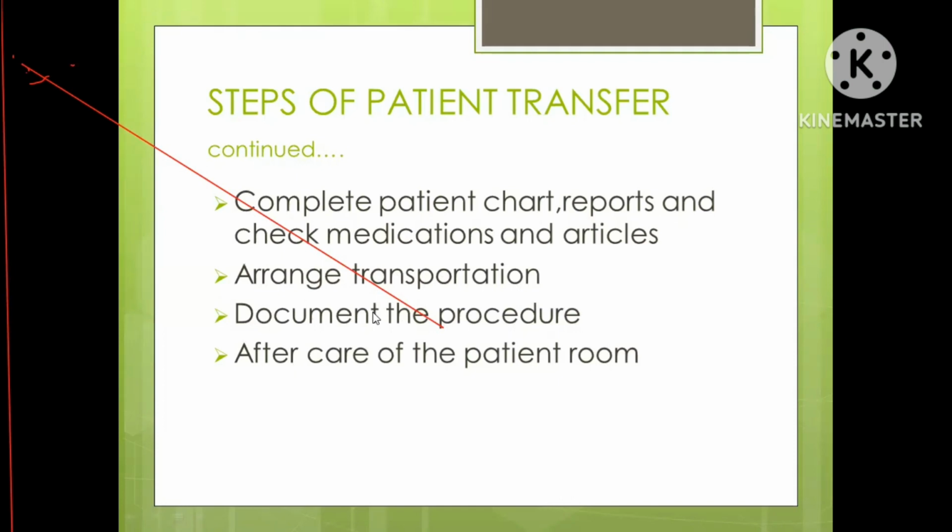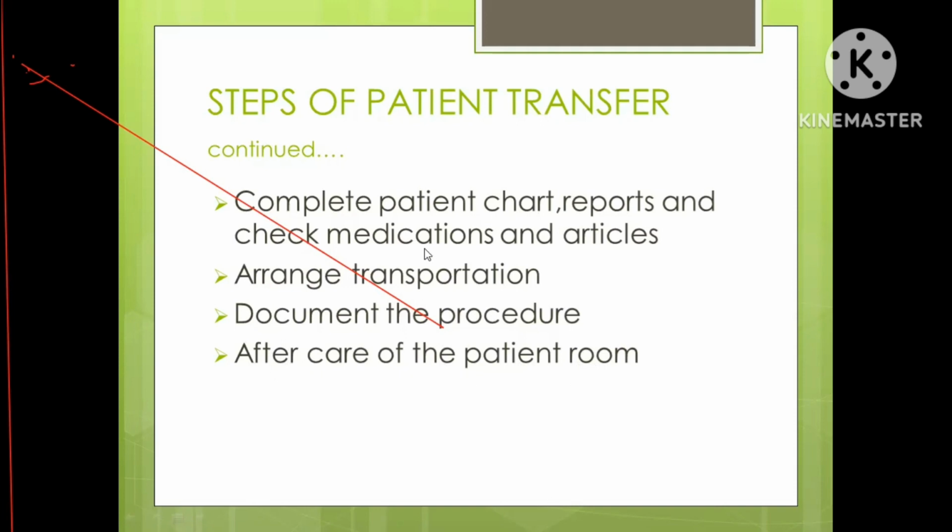If it is computer, it's okay, we document it on the computer. Or if we are writing, we have to write the concerned information before transfer. After care of the patient room means that once the transfer is over, the patient room has to be cleaned.